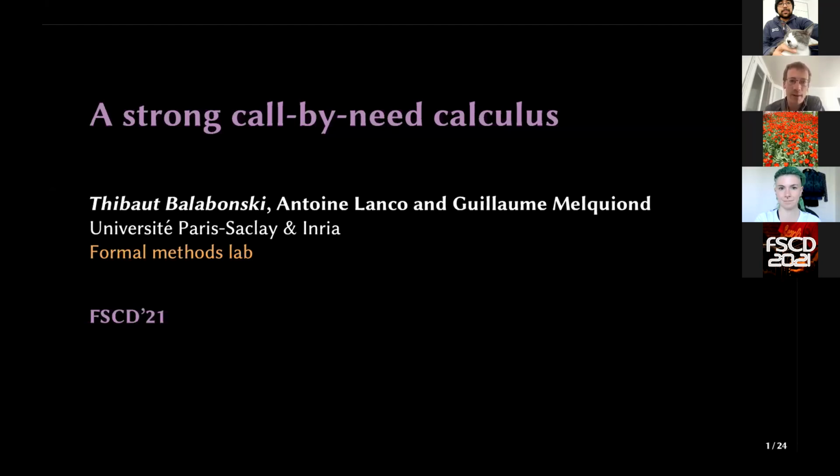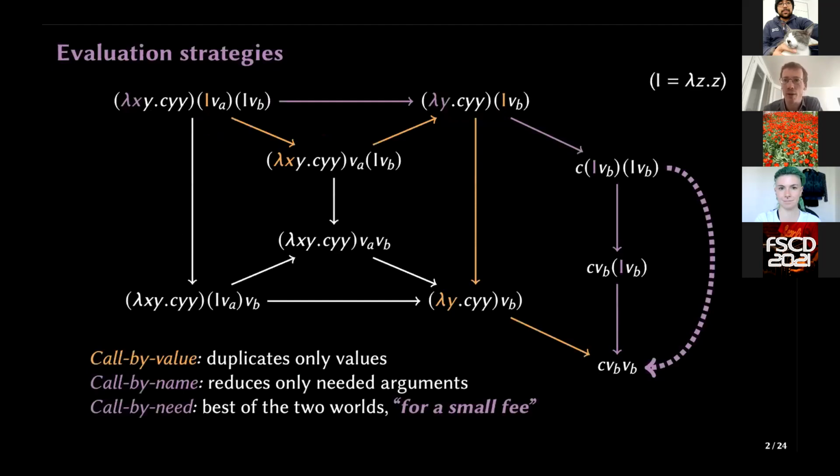All this is about the operational semantics of the lambda calculus, that is, about computing with lambda terms. As Axel said just before, the lambda calculus is a model of functional programming languages, and we want to make one thing precise: if we take one term, like the example in the upper left corner, there are actually a lot of possible ways of computing with these lambda terms.